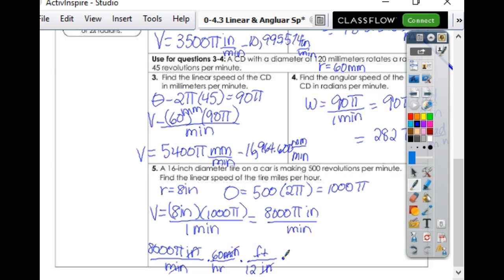Okay, so where do the feet go? The bottom to cancel, right? So I have 5,280 feet on bottom and 1 mile on top. And now my feet cancel.